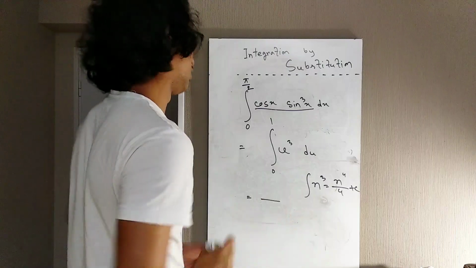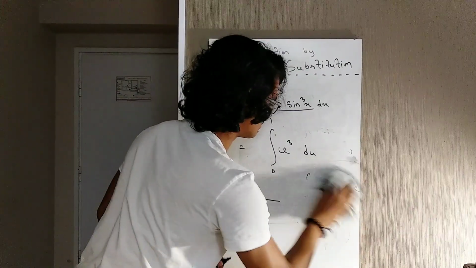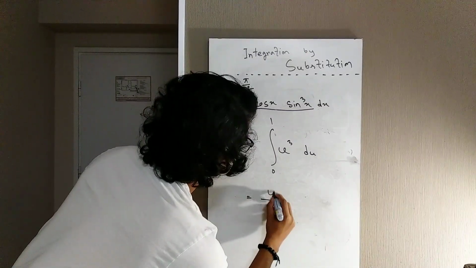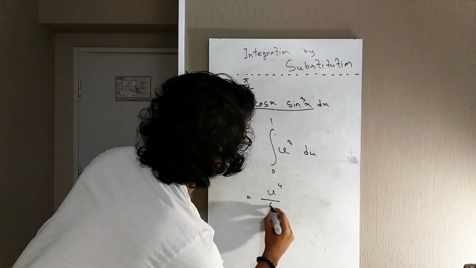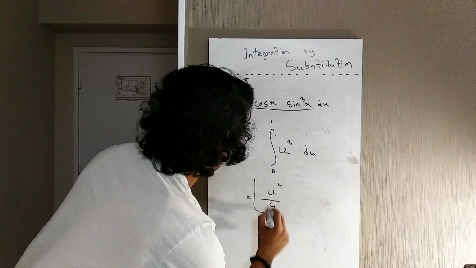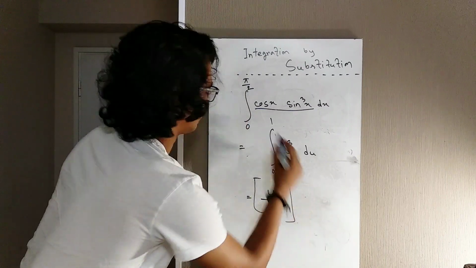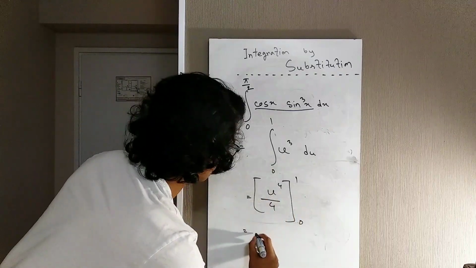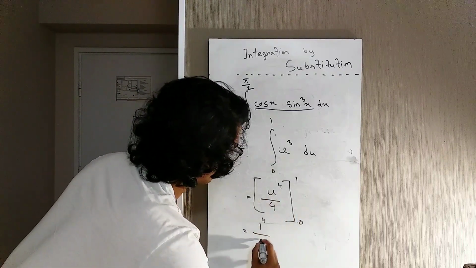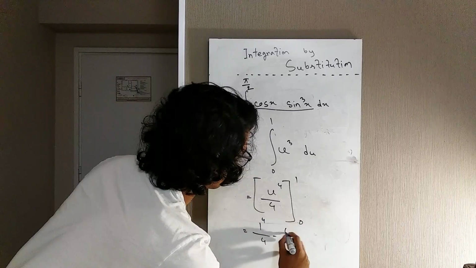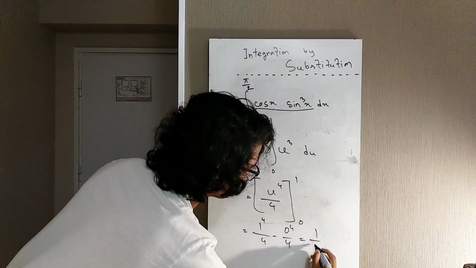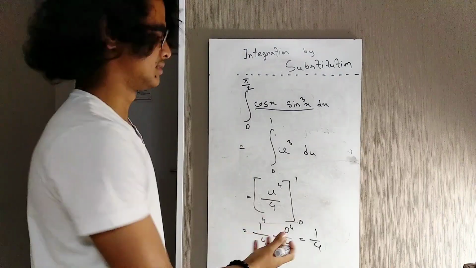We know this formula, so I'm going to use that formula here. So we'll have u power 4 by 4, and then I'm going to solve the definite integral. I'm going to put the two limits. It will be 1 power 4 by 4, and here 0 power 4 by 4, which equals, if we calculate, 1 over 4, which is the answer.